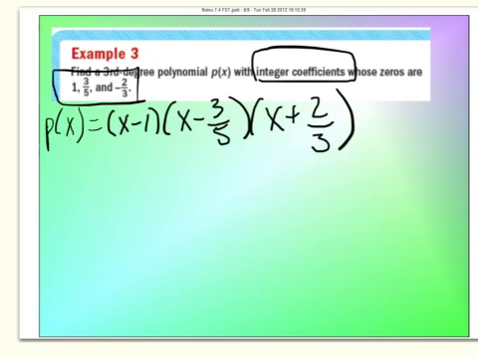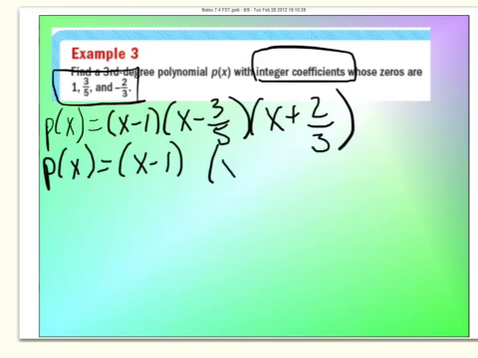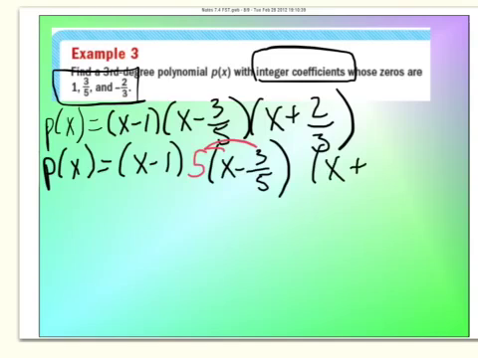So what we need to do is think about it in terms of this. The x minus 1 is just fine. That's already an integer. But this right here, x minus 3/5, I need to get rid of that 5 on the bottom of the fraction, basically. The easiest way to do it is just multiply this factor by 5. If I were to multiply through, I'd have 5x minus 3. On this side here too, x plus 2/3, I can't have the 3 for that fraction in the denominator.